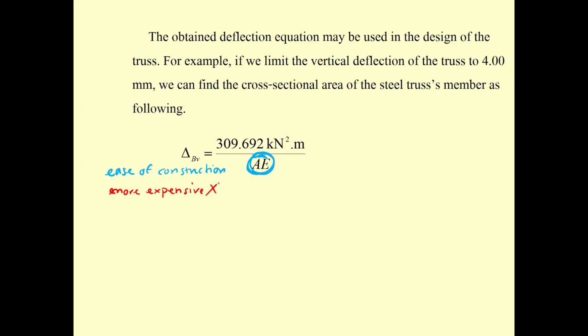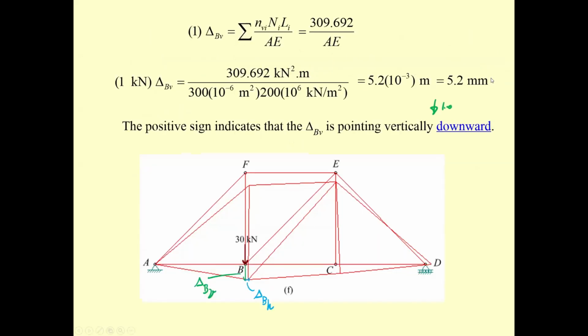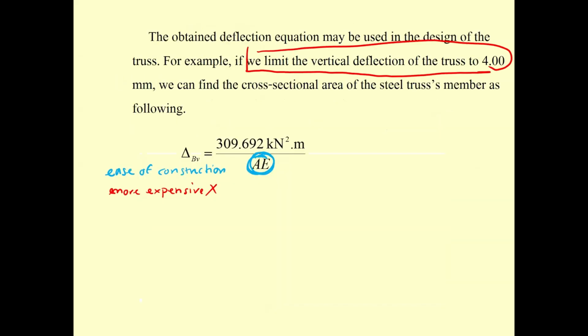And then if you get this equation, say we limit the vertical deflection to only 4 millimeter. Previously we got 5.2, which is seen as too much. You would like to reduce it to 4.0. So what happens? The area is going to get bigger.